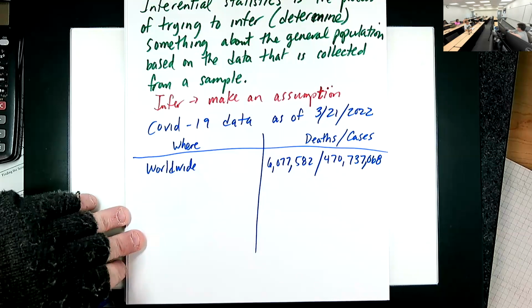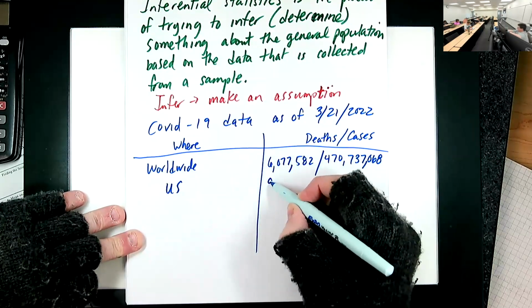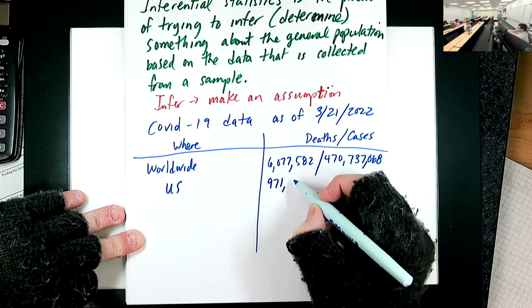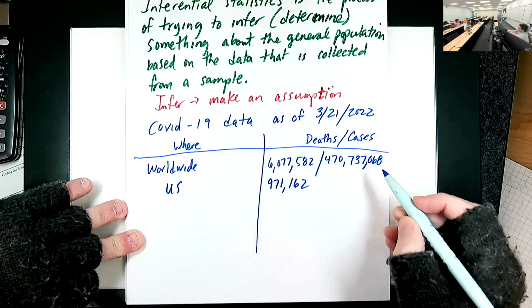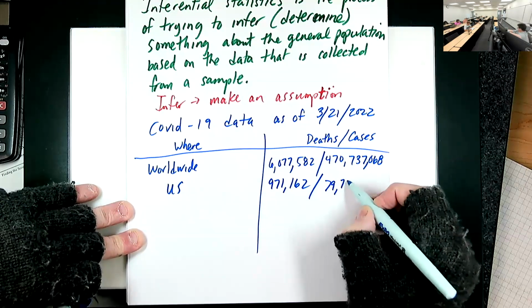That's worldwide. US, we had 971 thousand deaths, 971,162, and we had 79 million cases.